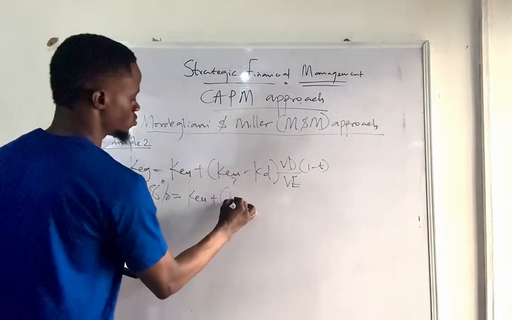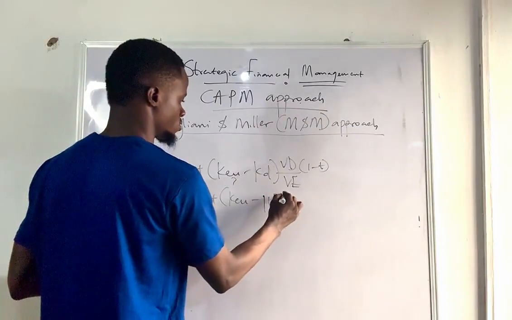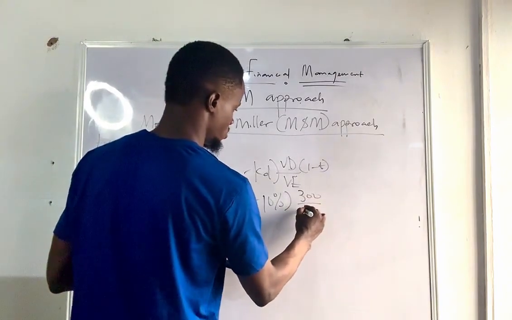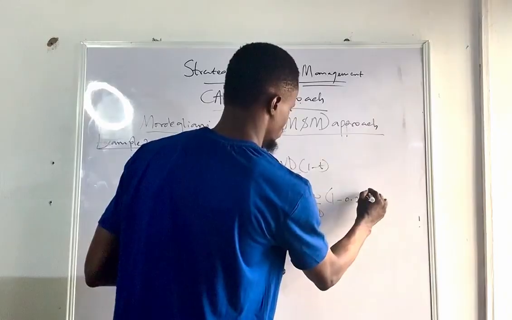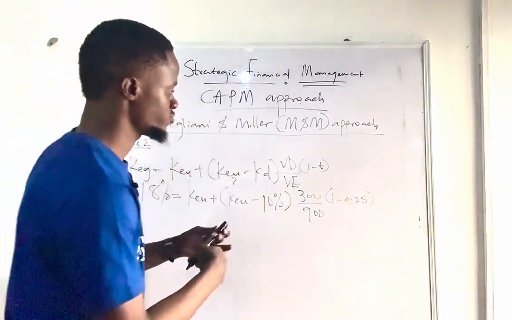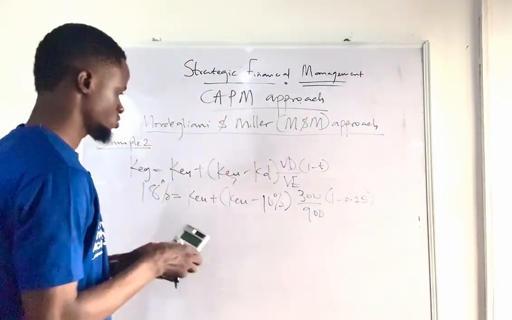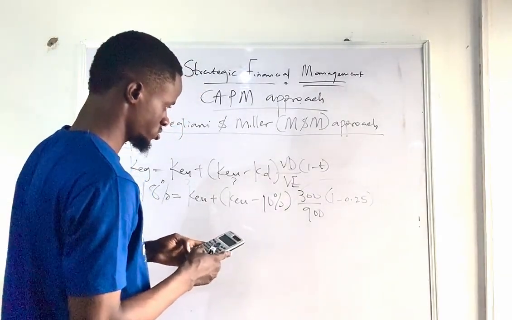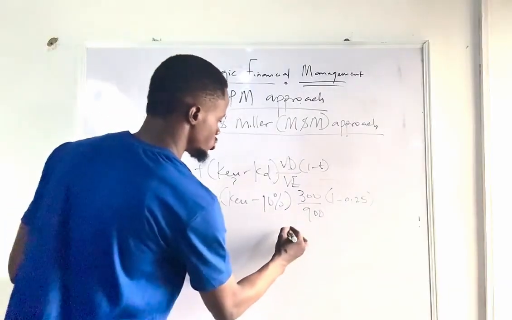Plus bracket Kug minus, what is the cost of debt? 10%. Value of debt 300 over equity 900, bracket 1 minus 0.25, because the tax is 25%. So let's solve for this first. If you punch your calculator, 300 divided by 900 times 0.75, this is 0.25.